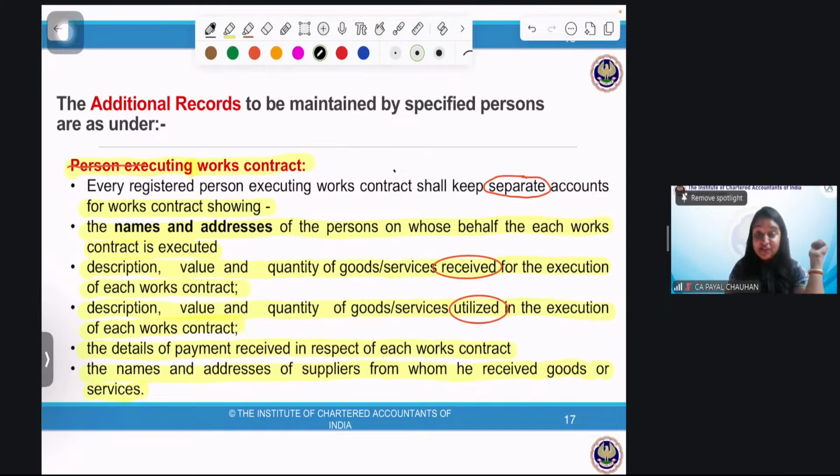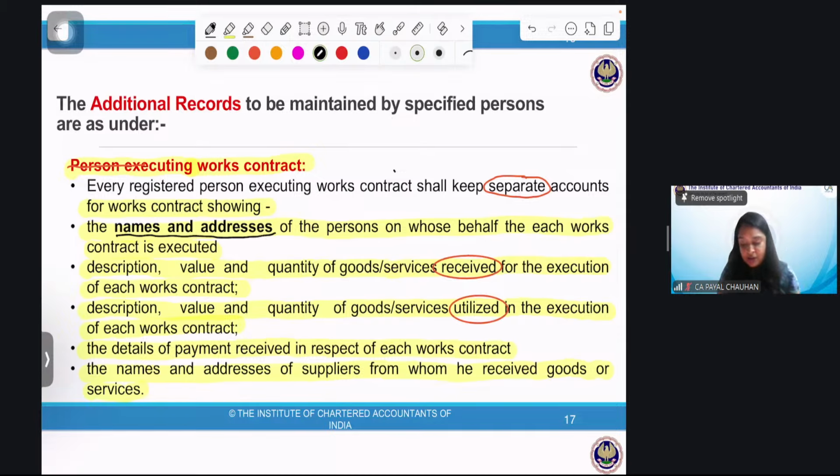Now we'll revise. See, we are doing so much revision. It says if I'm a job worker, I should have separate account details. If I have goods from Prerna, Aditya, then Nagaraja, then I'll have separate details, names and addresses of my parties, my clients.